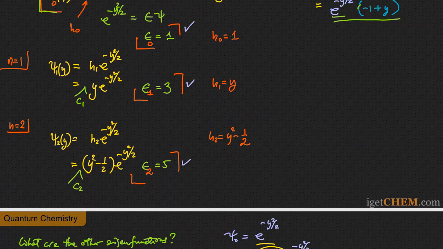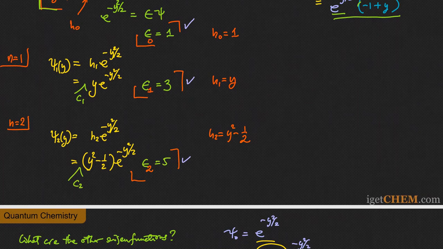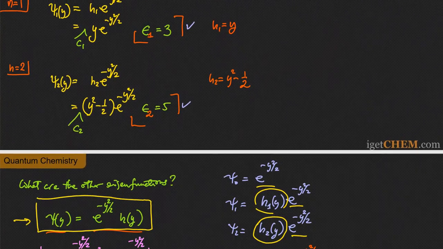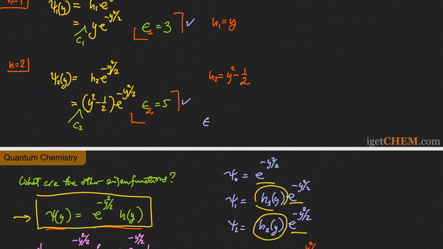And you can easily guess that, well, if the first one is 1, the next one is 3, then 5, and so forth. These are going to be essentially just odd integers, 1, 3, 5, 7, and so forth, right? So these epsilons are going to be 1, 3, 5, 7, and so forth, corresponding to these different eigenfunctions.